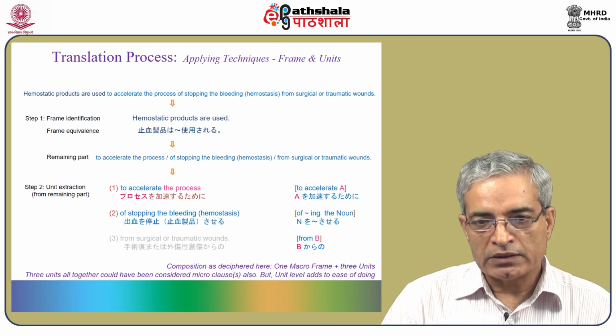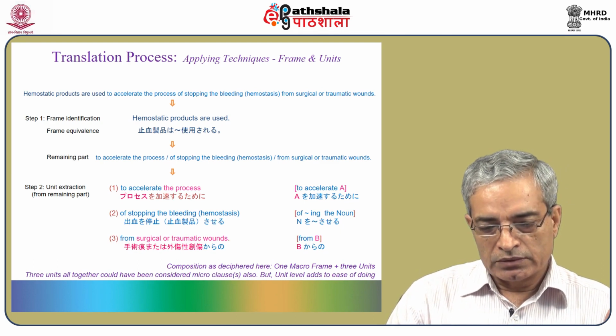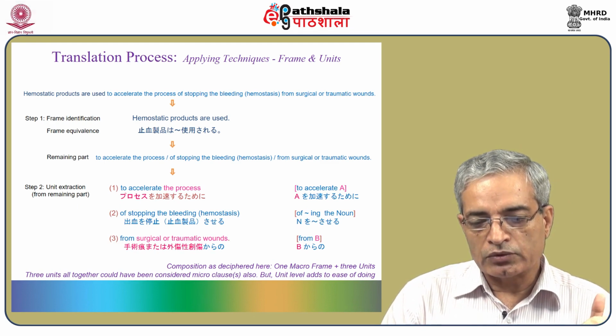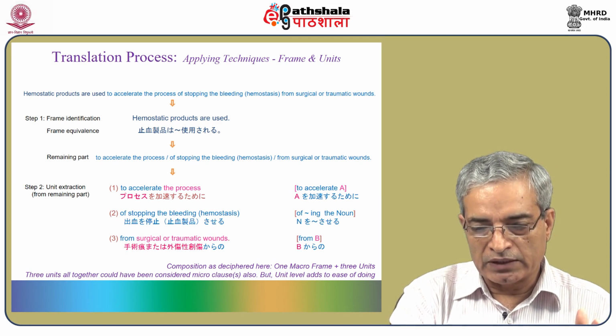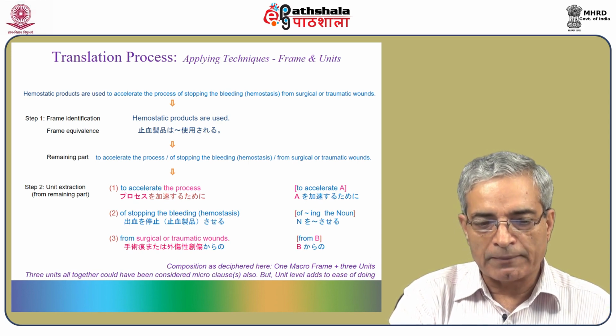From B is becoming B karano, and if we see here, it's shujutsu kon matawa gaisho se sosho karano, and the composition as deciphered in the previous one is macro plus 3 units. This has helped us in getting equivalents for almost all the components without much difficulty.